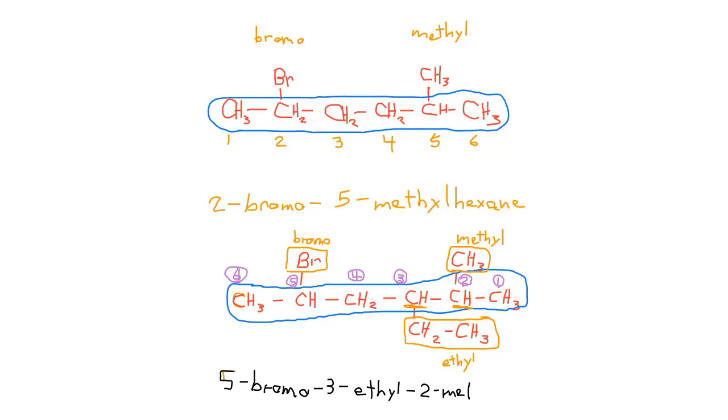What's the last thing we say after we've named them all? Yeah, hexane. So that is the name. An ungodly name to be sure, but 5-bromo, 3-ethyl, 2-methyl, hexane.